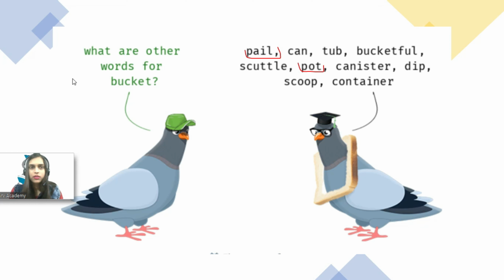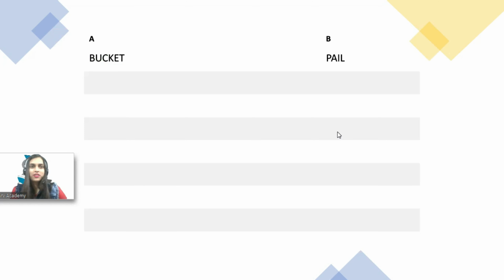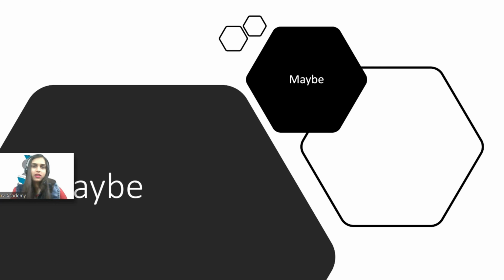Many of you are giving the right answer, pot. And the other synonyms of bucket are can, tub, bucketful, scuttle, canister, dip, scoop, and container. Okay, great. Come to the next word, maybe.